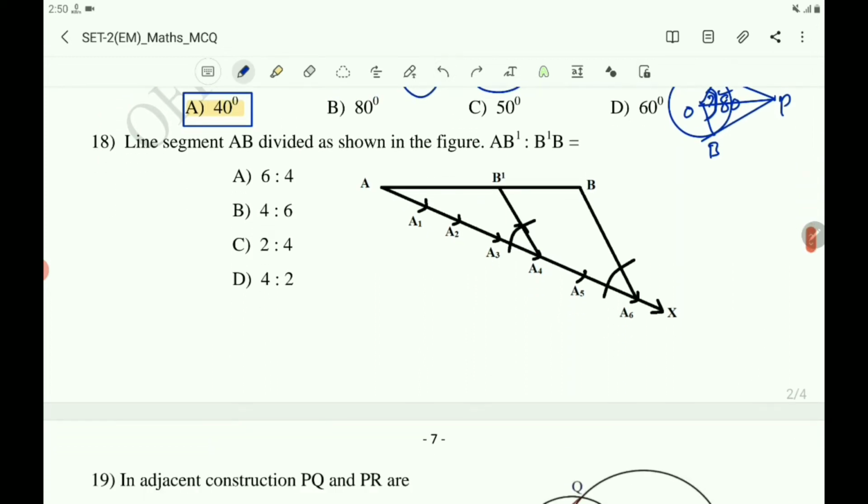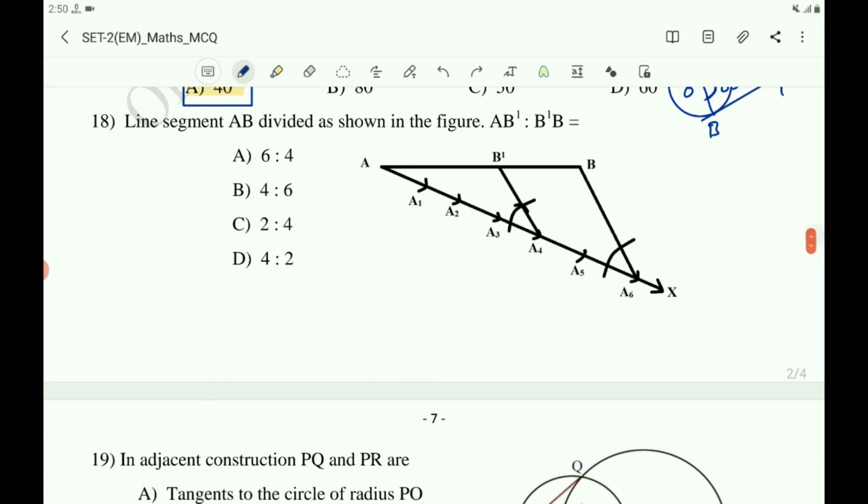Next you take the question number 18. Line segment AB is divided as shown in the figure. AB dash is to B dash B. Here you know that 6 divisions are there. 1, 2, 3, 4. 4 is to 2.